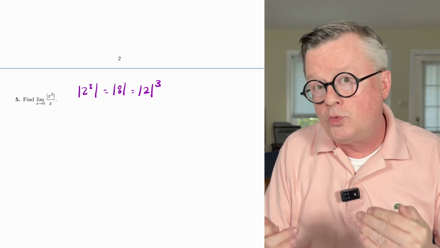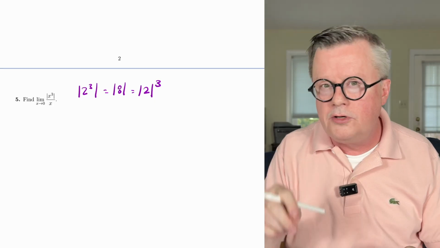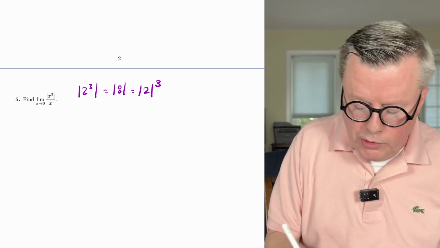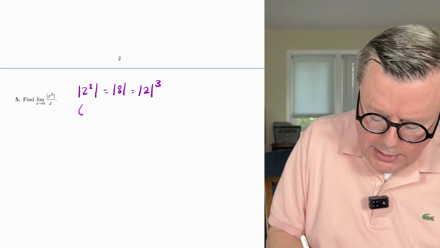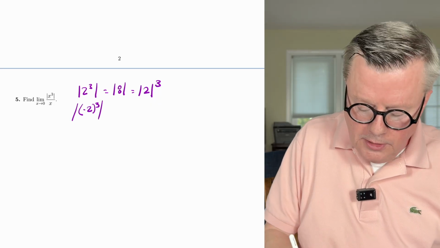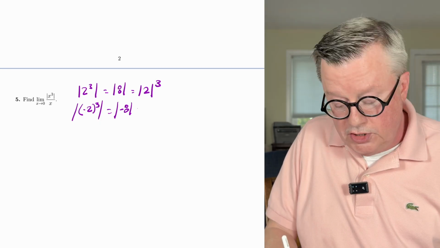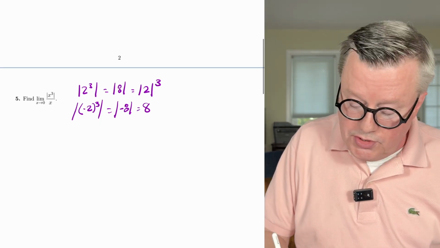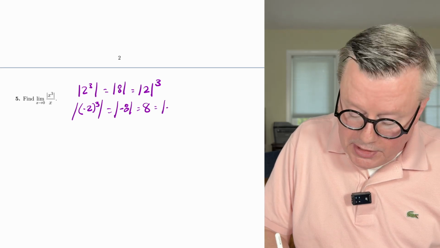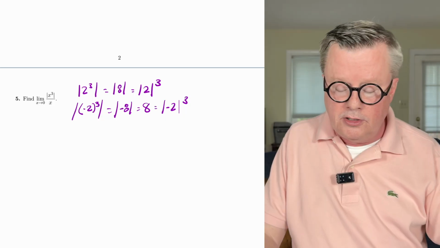What I'm trying to say is when x is positive, we can move the power to the outside. If x were negative, what would I get? That would be negative 2 to the third power, absolute value. That's the absolute value of negative 8, which is 8, which is the same thing as the absolute value of negative 2. Take the absolute value and then write it to the third power.